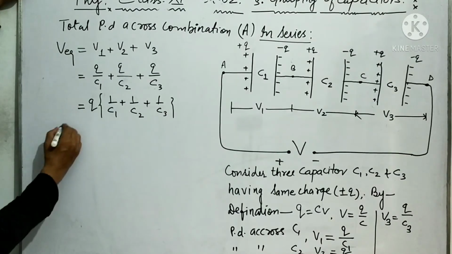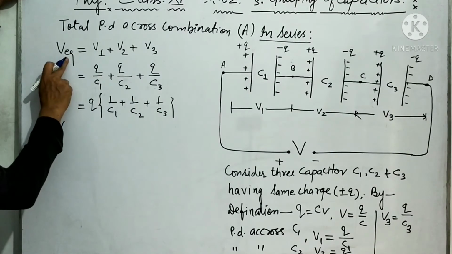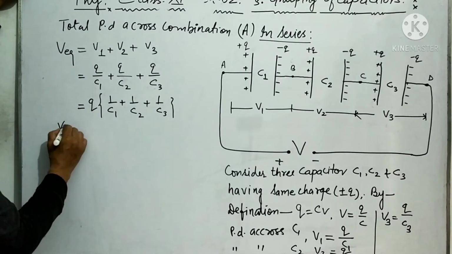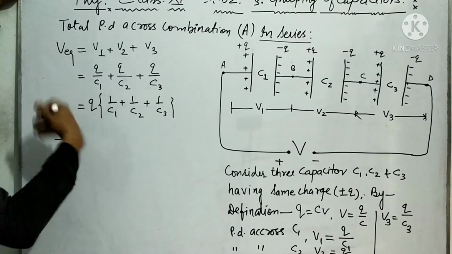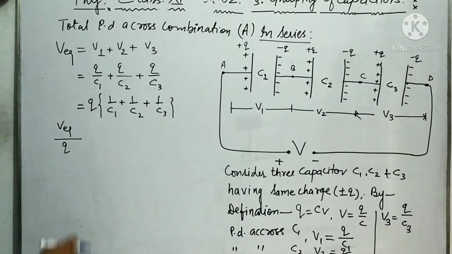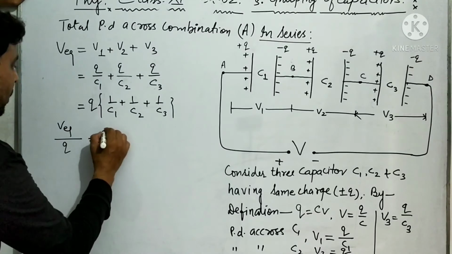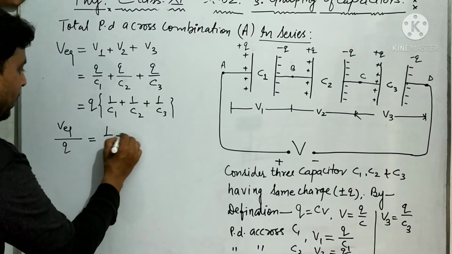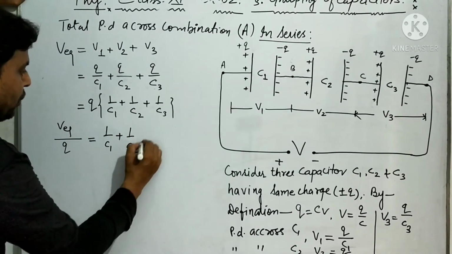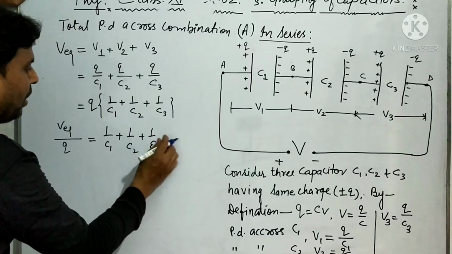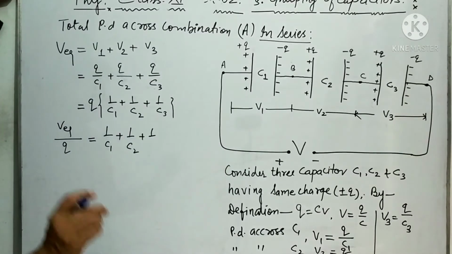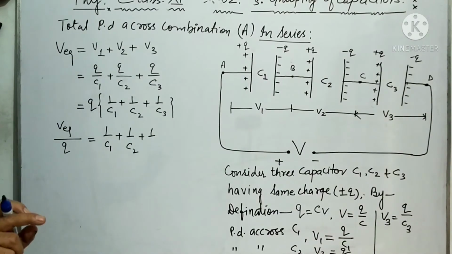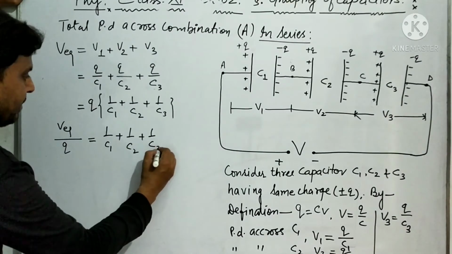Q transfer here, that is V equivalent or total potential divided by total charge, because Q remains same in all, that is V over Q equal to 1 upon C1 plus 1 upon C2 plus 1 upon C3. It is the same expression like the resistance in 10th standard you have studied.